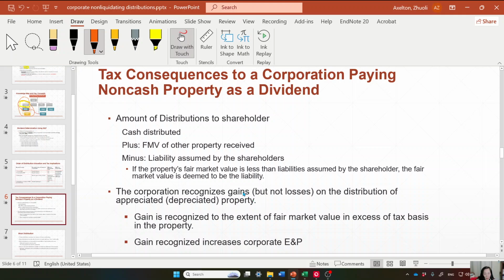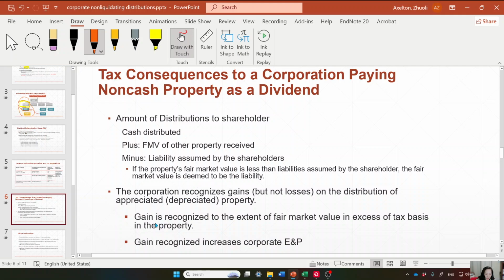If there's a gain, they have to recognize it, but losses on the distribution of appreciated property are not. This ties into the built-in gain property, because initially when the shareholder contributes the property to the corporation, it's a tax-free transaction. This is something we're going to cover in chapter 19. But now the corporation distributes the property back to the shareholders, and they're going to recognize the gain.